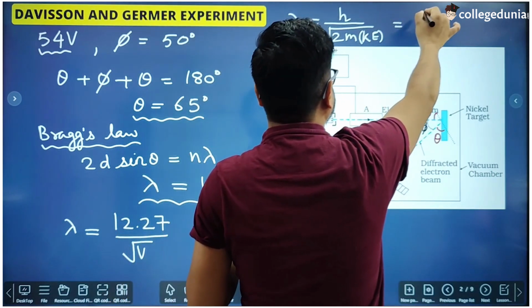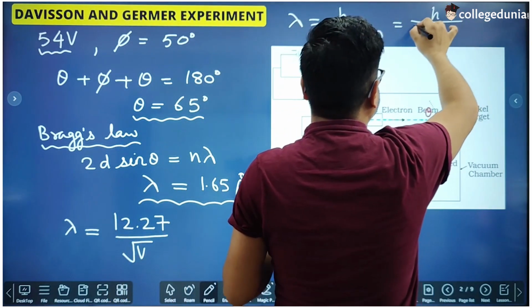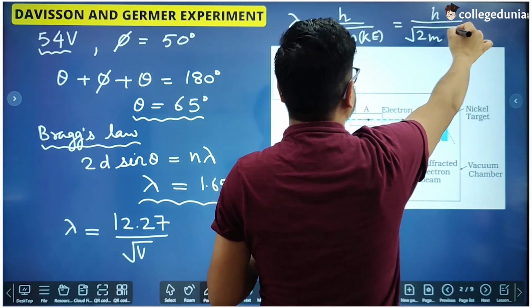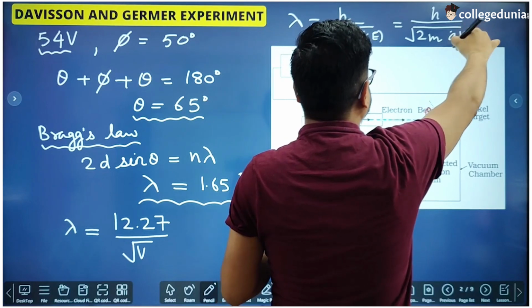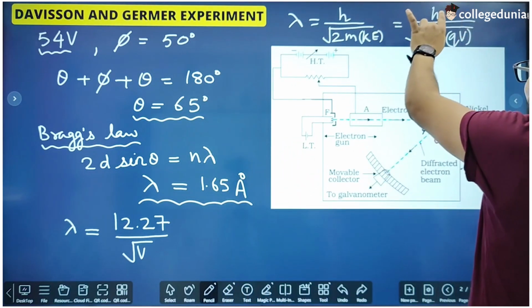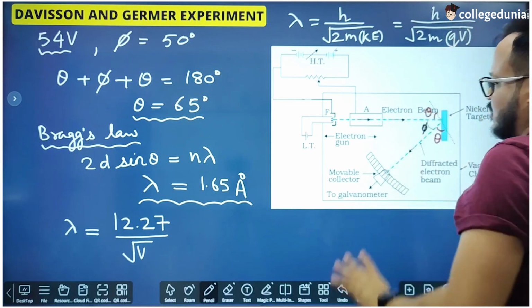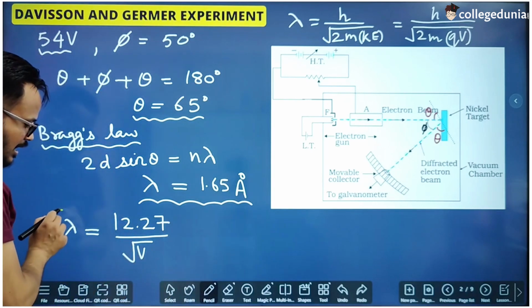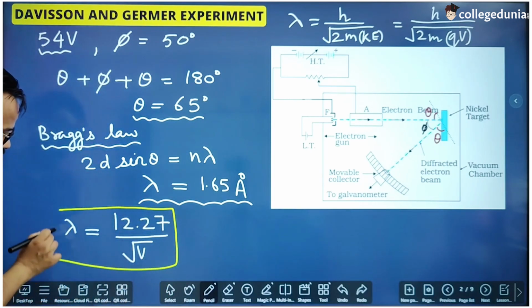For charges, we all know that if a charge q is accelerated by a potential v, then the energy acquired is q into v. So if we put the value of h, the mass of electron, and q as the charge of electron, we are going to get the value of lambda as this, right?